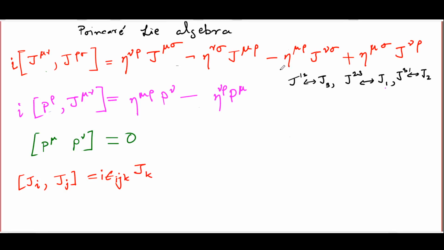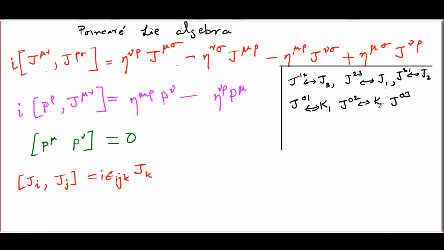Now for another identification which is pretty handy. J01, J02, J03, J's with one temporal and one spatial index are going to be identified with K1, K2, K3. I've already explained in a previous part of this lecture that these talk of infinitesimal transformations which mix time with one of the spatial indices.